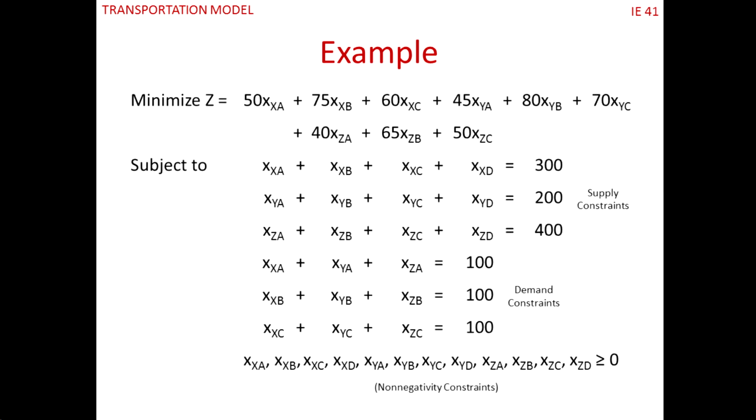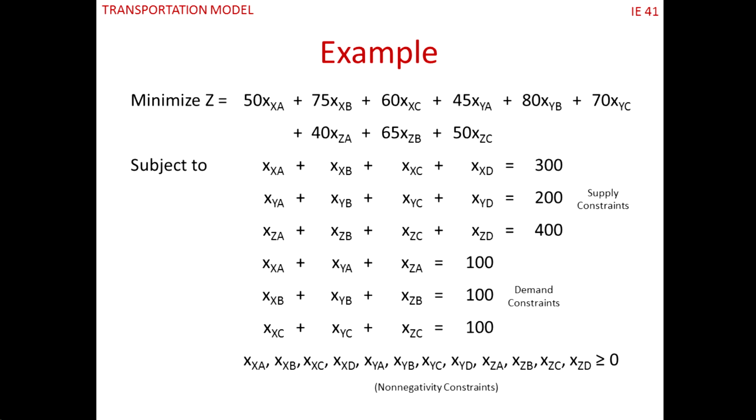Minimize z equal to 50xxa plus 75xxb plus 60xxc plus 45xya plus 80xyb plus 70xyc plus 40xza plus 65xzb plus 50xzc, subject to the supply constraints: xxa plus xxb plus xxc plus xxd is equal to 300, xya plus xyb plus xyc plus xyd is equal to 200, xza plus xzb plus xzc plus xzd is equal to 400.